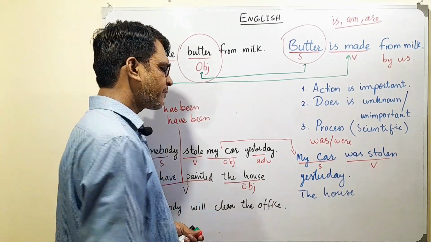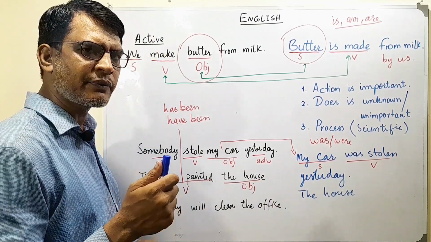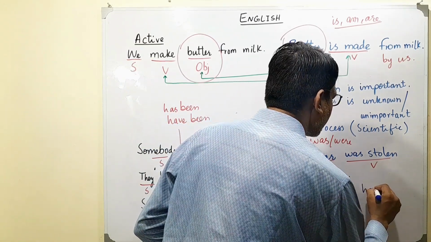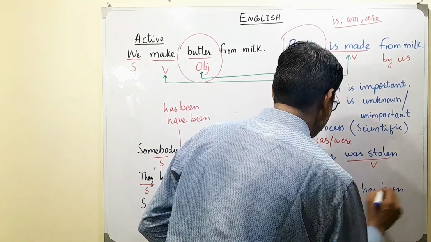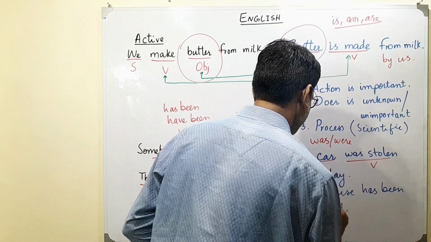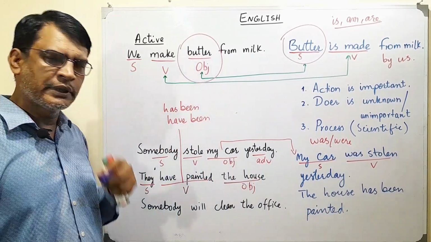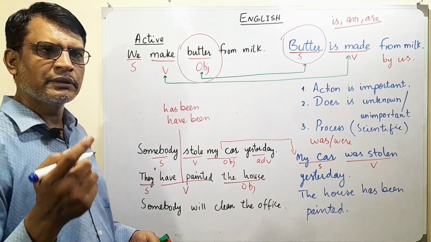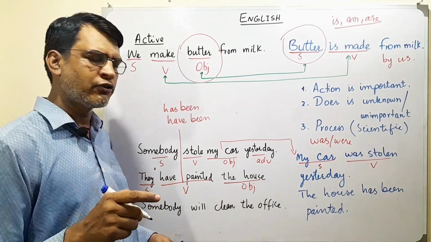Well, in this case, the house is a singular subject. So we say the house has been painted. And third form of the verb, the house has been painted. Again, passive has always third form of verb.